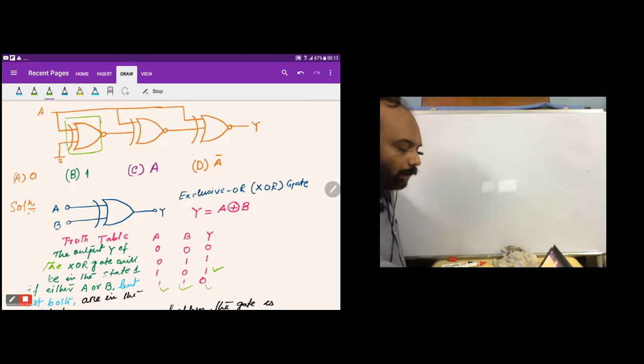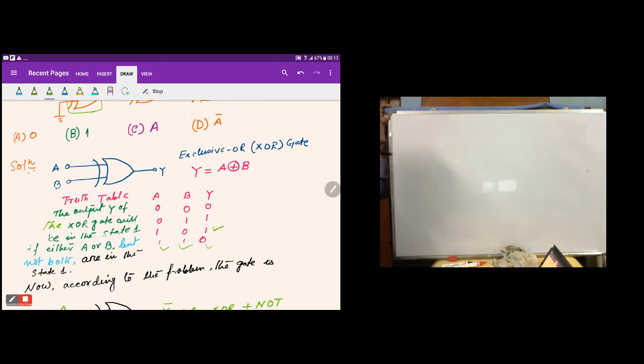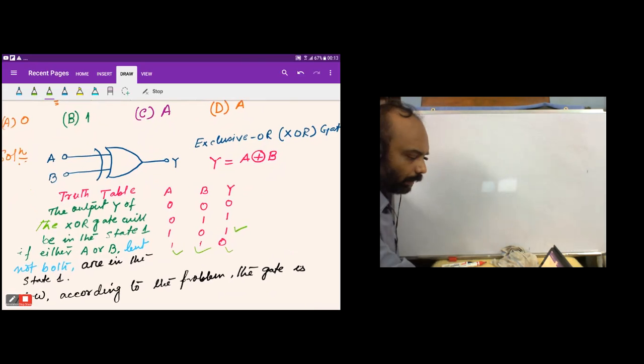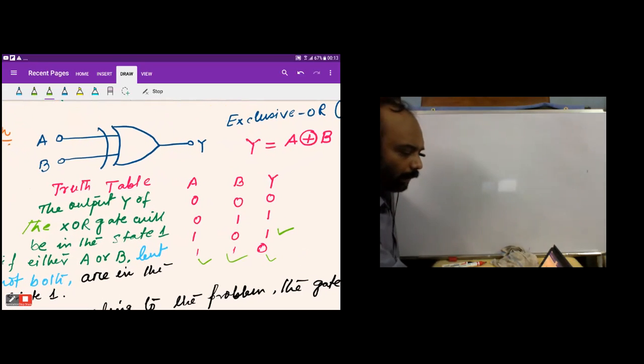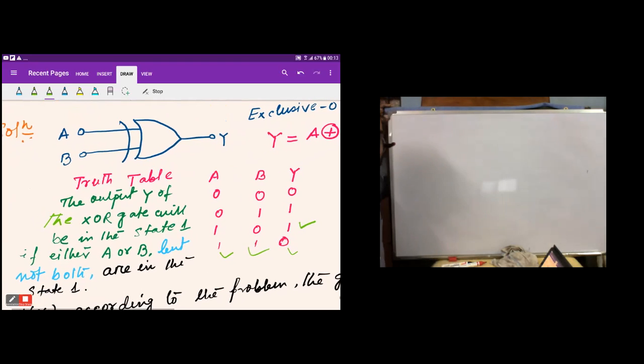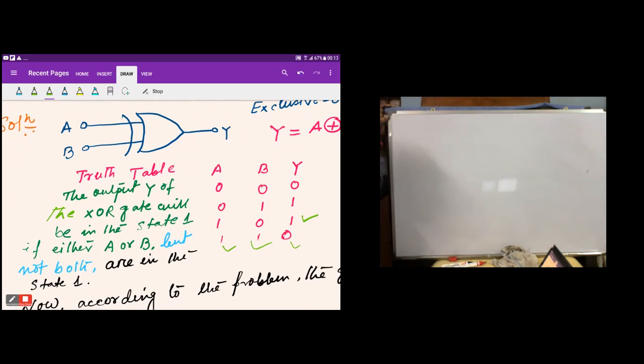So we know the statement that the output Y of the XOR gate will be in the state 1 if either A or B, but not both, are in the state 1. So if either A or B is 1, then our output is 1. Otherwise, it is 0.